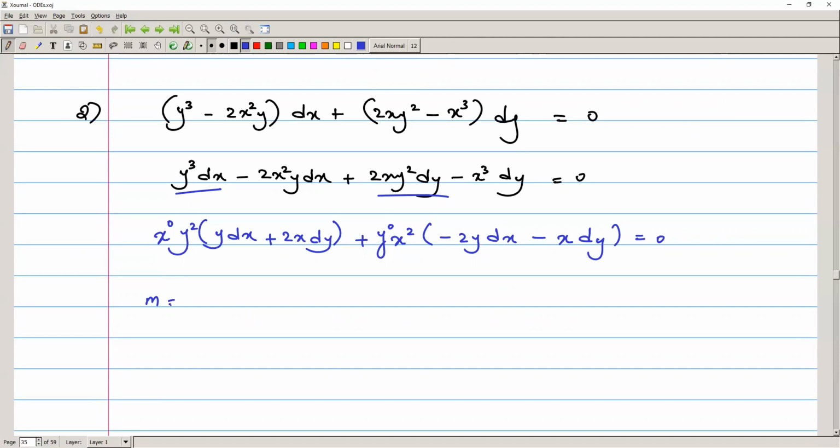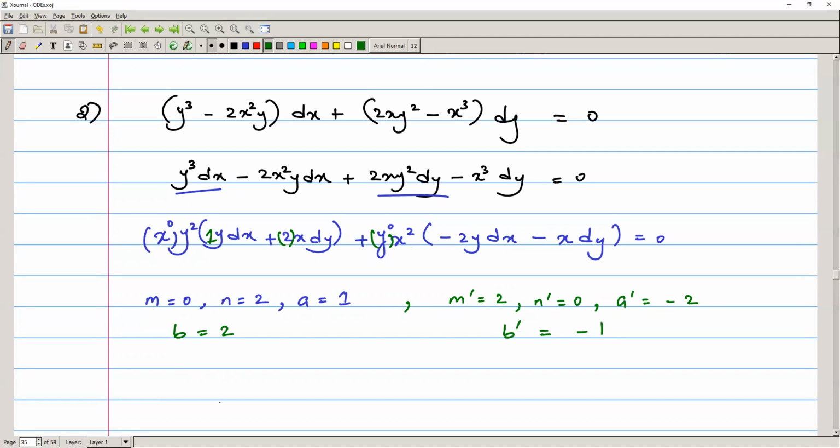So m is equal to 0 because here it's x to the power 0, and n is equal to 2, and then a is equal to 1 because the coefficient of y here is 1, and then b is equal to 2, right? And then we have m prime is equal to 2, n prime is equal to 0, and a prime is equal to -2, and b prime is equal to -1.